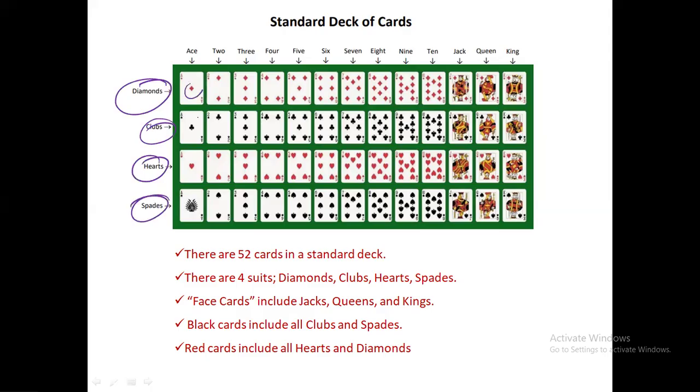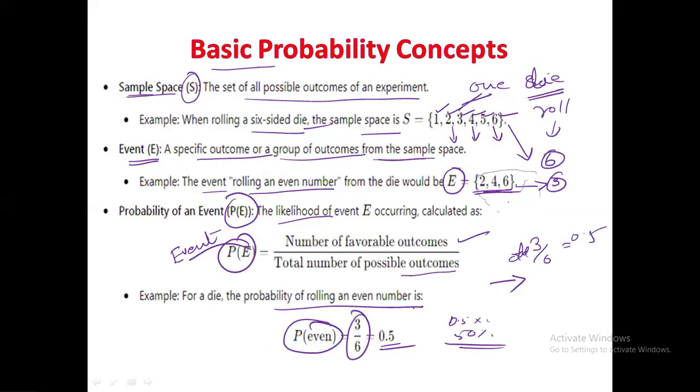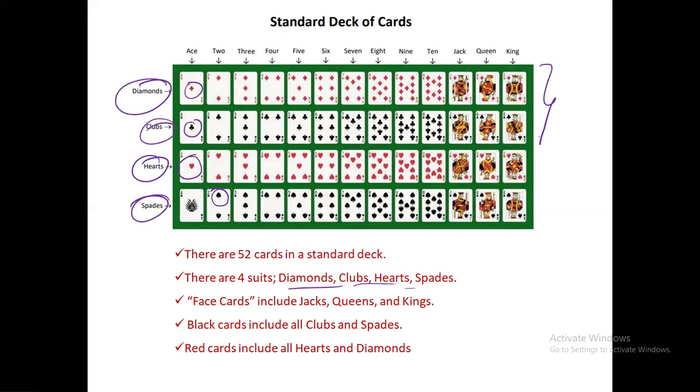Diamond is given by this symbol, clubs look like a flower, hearts are hearts, and this is the spade. Face cards are included in all 4 suits.